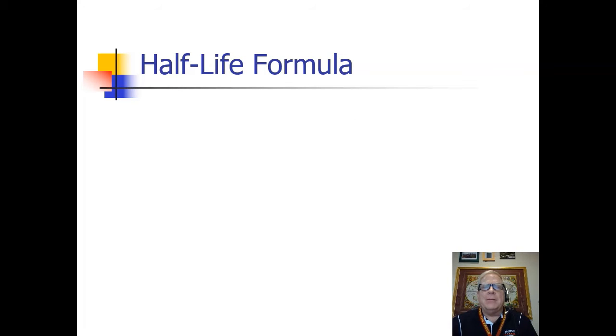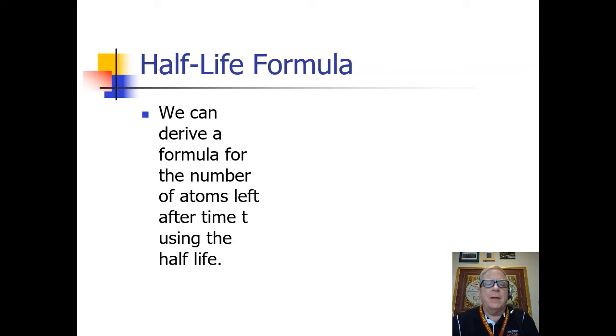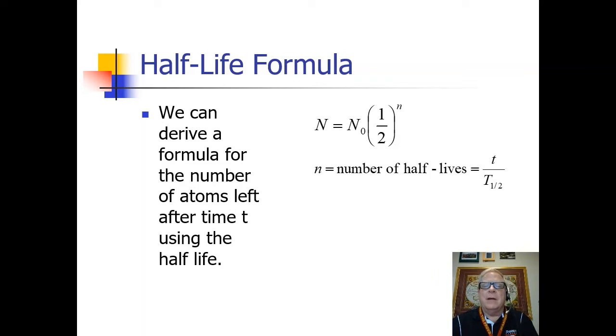Now, we can actually be a little bit more precise than that. We can use that same mathematics, but we just won't have to use the whole number of half-lives. So this is the formula that we just invoked a moment ago. But n, a moment ago, we said, well, it was about 8 half-lives. But it could be any number of half-lives. It could even be a fractional number of half-lives.